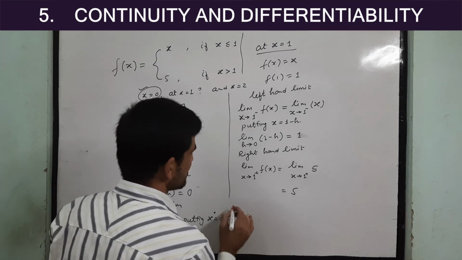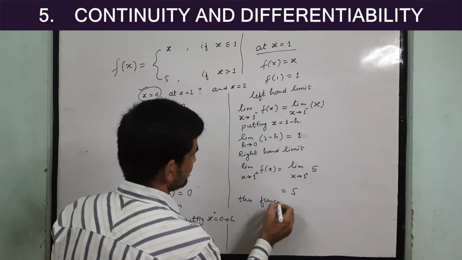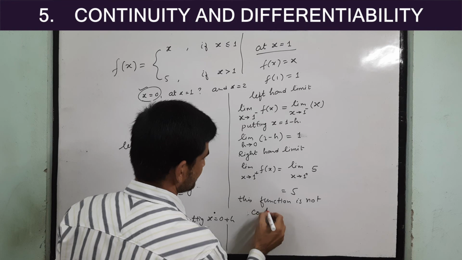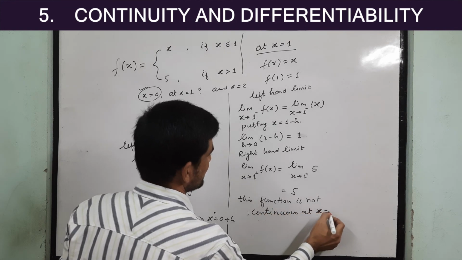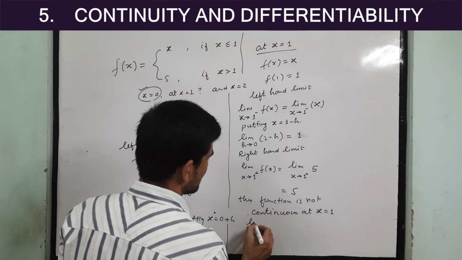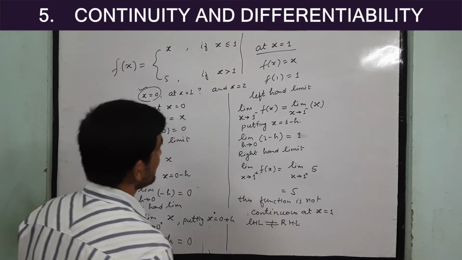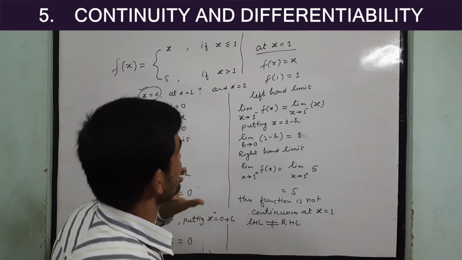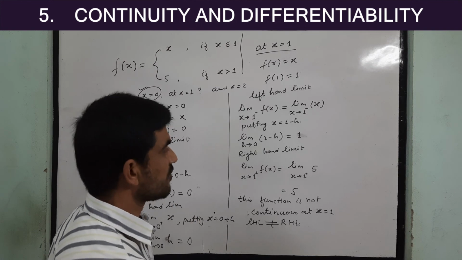So this function is not continuous at x equal to 1, because the left hand limit is not equal to the right hand limit. Clear? Left hand limit is 1 and right hand limit is 5.